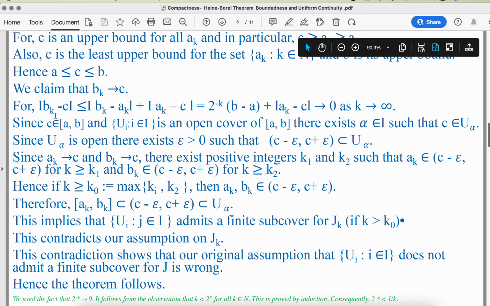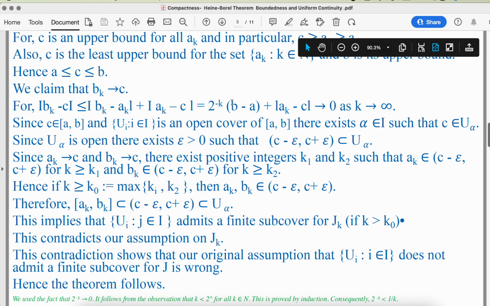Let's see. We know that modulus of Bk minus C is less than or equal to Bk minus Ak plus Ak minus C by triangle inequality of metric space. And this is the length of interval Ak to Bk, which was 2 raised to power minus k into (B minus A), and this is Ak minus C. And we know that Ak tends to C, and it means this tends to 0, because 2 raised to power minus k tends to 0.